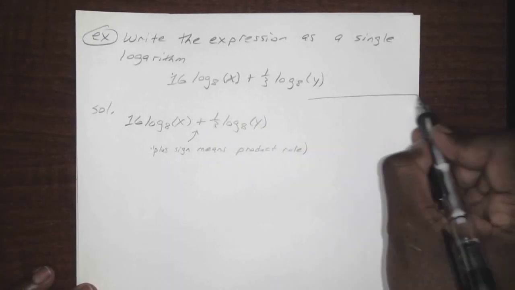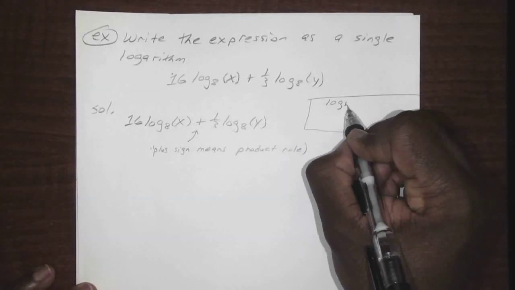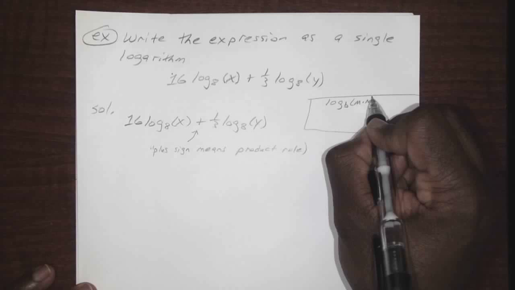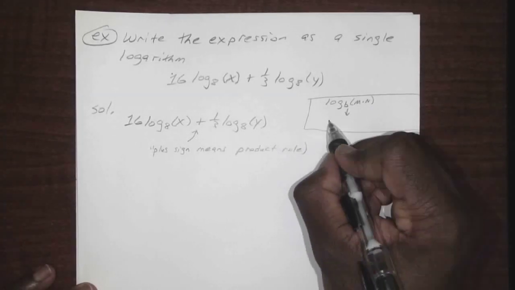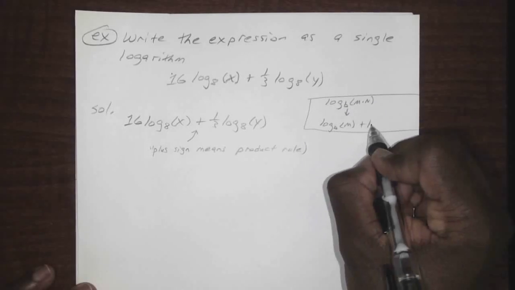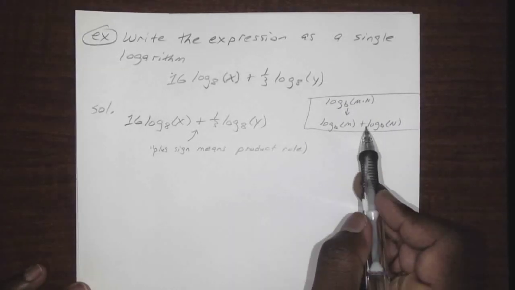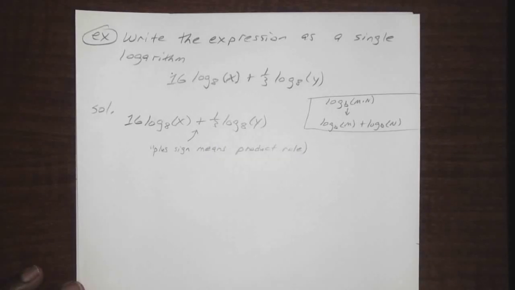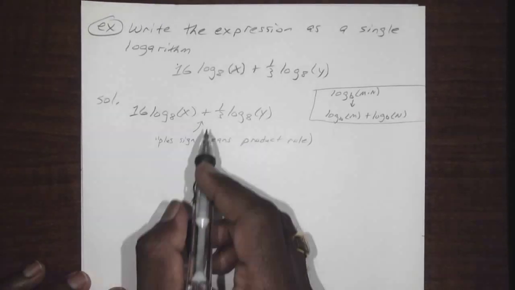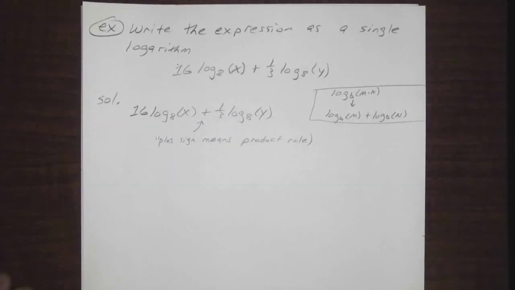Okay, because if you remember, log base b of m times n, that's just log base b of m plus log base b of n. So all we're doing is going in reverse. Okay, so as long as your bases are the same, you can combine them.